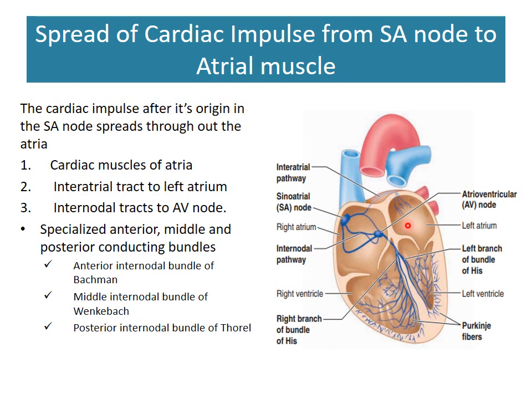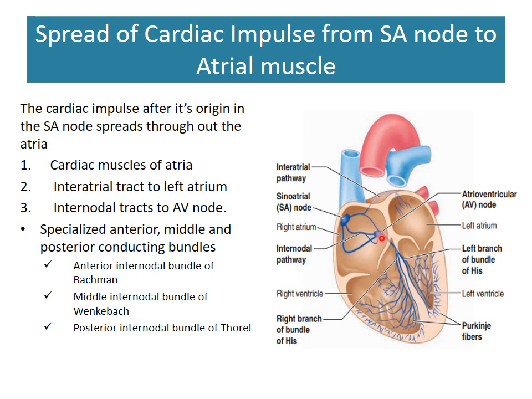Then the impulses spread to the next node, atrioventricular node, through internodal tract or pathway. Internodal means between the two nodes, SA node and the AV node.